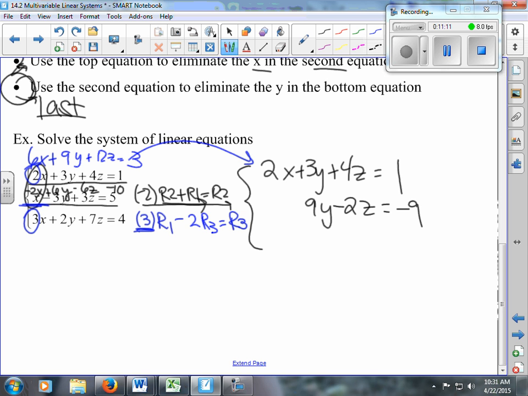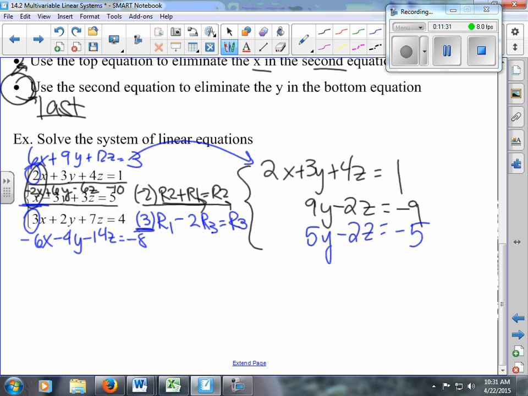And then in the bottom, I would get negative 6x minus 4y minus 14z equals negative 8. And so now when I add those together, I eliminated the x's just like I wanted to. And then I get 5y minus 2z equals negative 5.